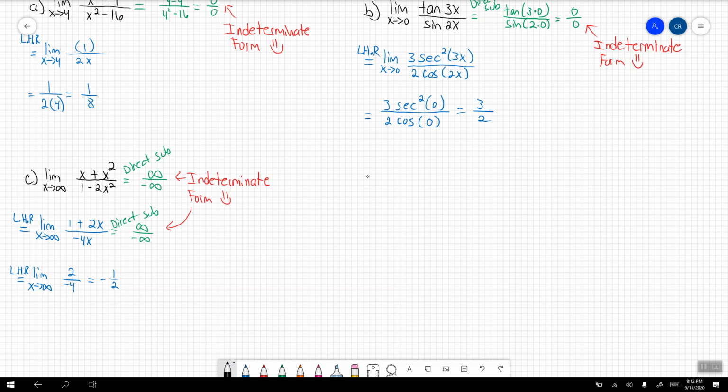Let's look at part D. So for part D, we're going to have the limit as x approaches infinity for x times sine of pi divided by x.